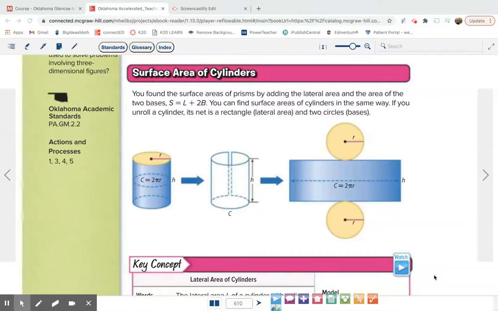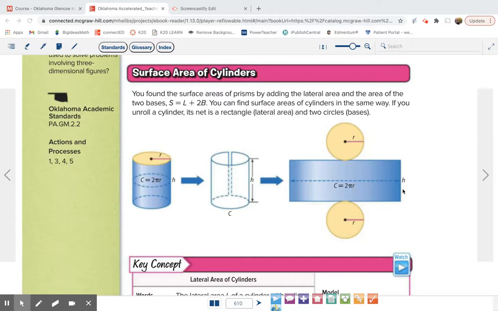Okay, now we're going to look at surface area of a cylinder. So on this, if you notice, if we take a cylinder and cut it open and have the net of it, the circumference of a circle, or the distance around it, is 2 pi r. So when we open that up, cut it, and lay it out, it becomes a rectangle with the distance of the rectangle being 2 pi r.